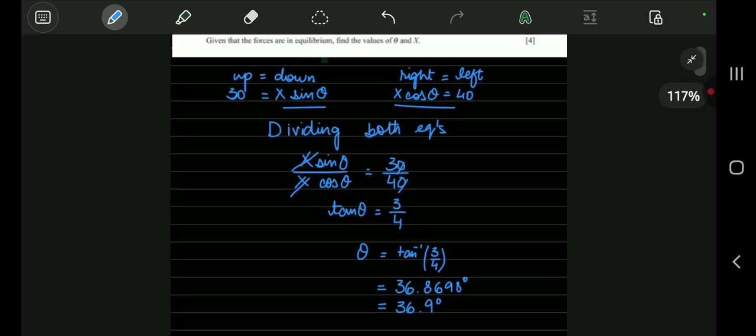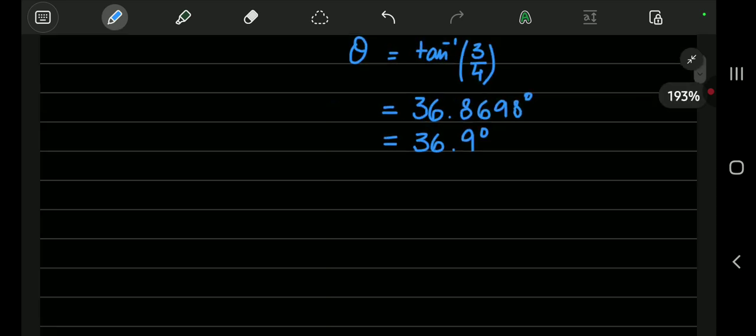As we found the angle, what do we do in these types of equations when we have cos theta and sin theta equations? How do we find x? We will be squaring and adding these two to get x.